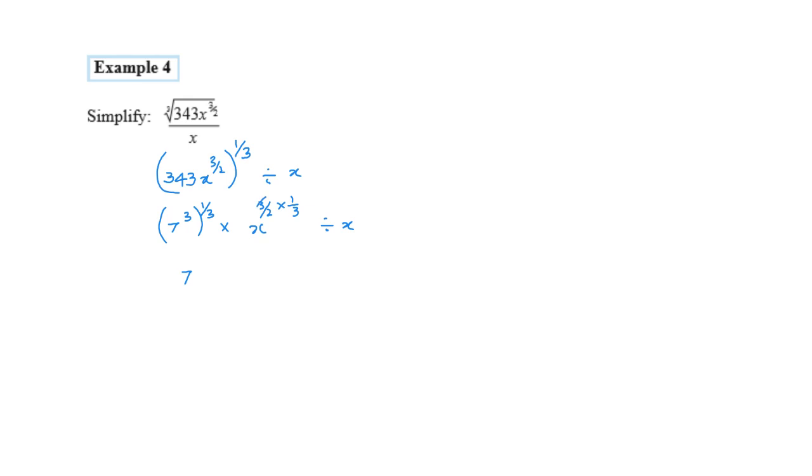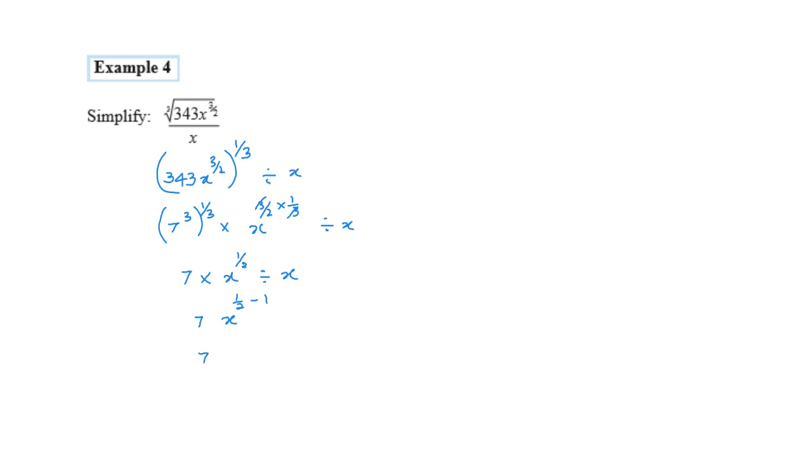Then here 3 cancel. Again you have x to the power half divided by x. Now what you have to do? Same base division, you have to subtract half minus 1.